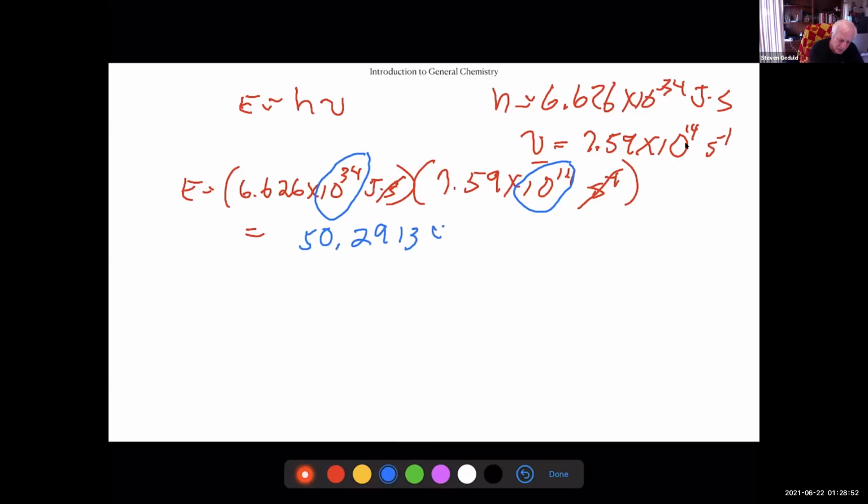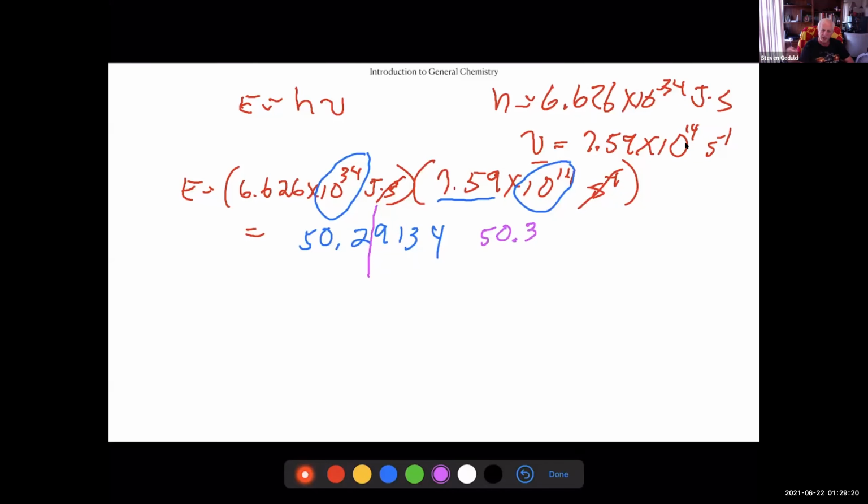That's what you got on your calculator. Now, how many significant digits? Your frequency is a measured value. Planck's constant is a constant value. That doesn't count for significant figures. So we've got 3 significant figures here. So where do we draw the line for 3 significant figures? We draw it right there, and that rounds up to 50.3.